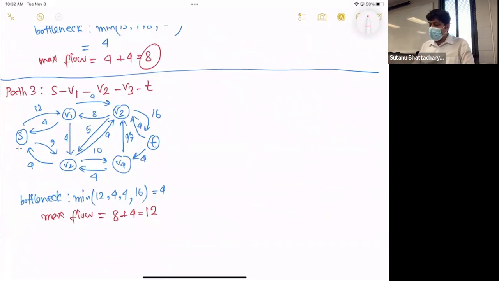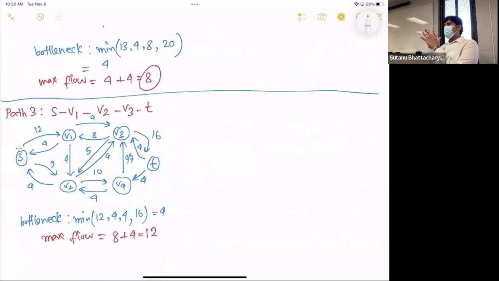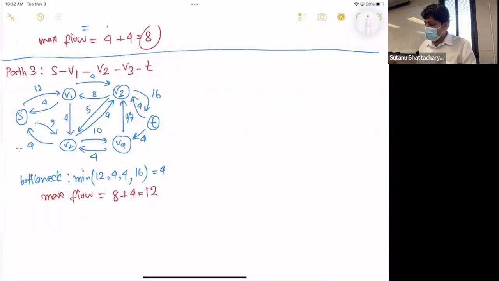Even you can think V1 to V2, because we are considering only the residual graph, and initially path 1 was a bad move. We are in the process of undoing the bad move. Thanks for pointing out. Although we have chosen a bad move, this is the process of undoing it.